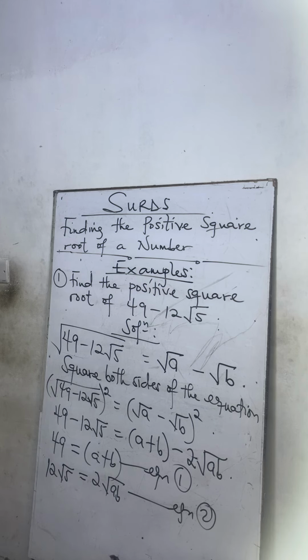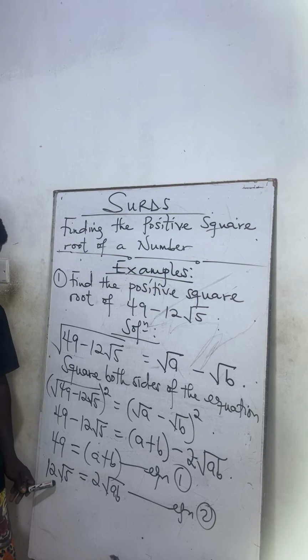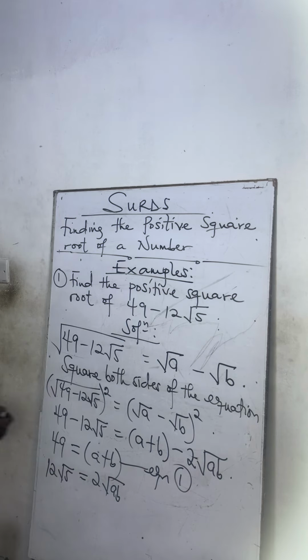Now we'll be solving equation 1 and 2 simultaneously. Now let's say from here we can divide through by 2. So let's ignore this one as equation 2 and proceed further.